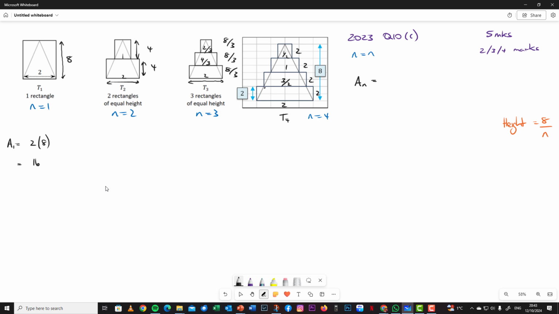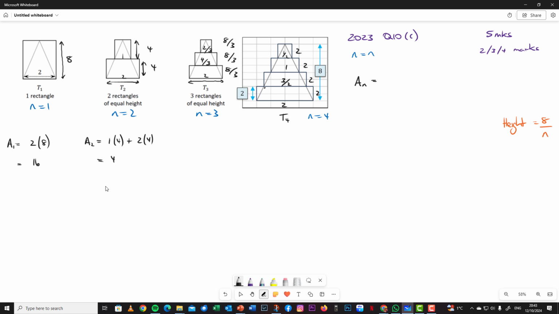Okay, come over to the second one. The area of these two rectangles is the sum of the two areas of the rectangles. So let's take the top rectangle, which is a base of 1 multiplied by a height of 4, plus the bottom rectangle, a base of 2 by a height of 4.